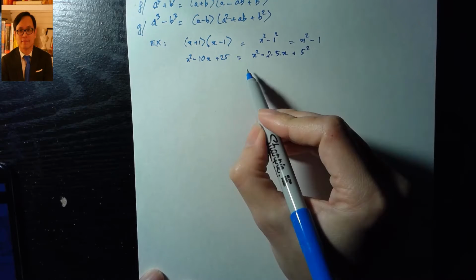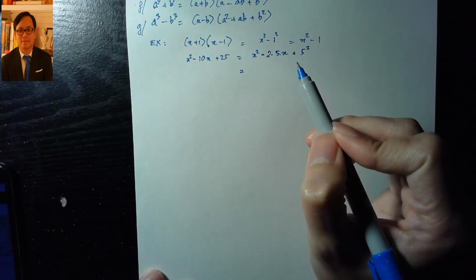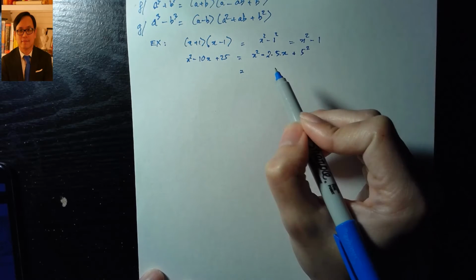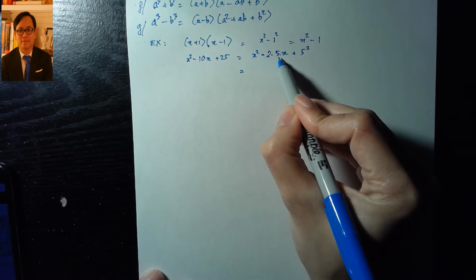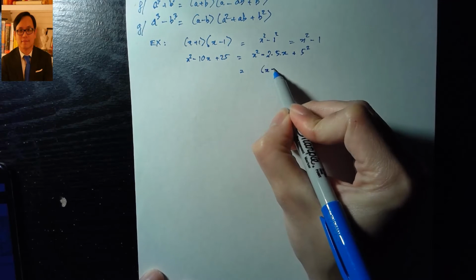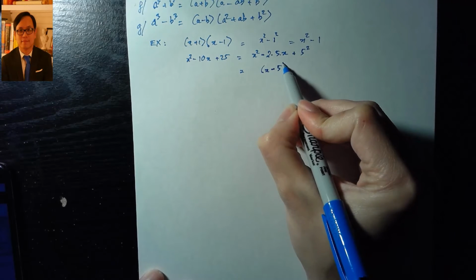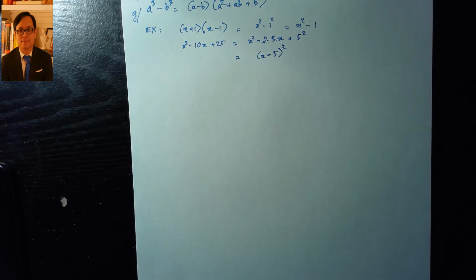And you see that it has the form of the square of a difference. x is your a, 5 is your b. So I can write this as x minus 5 totally squared. So you see that I can factor the trinomial right away if I can apply the formula, right?